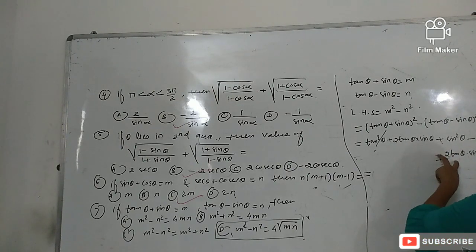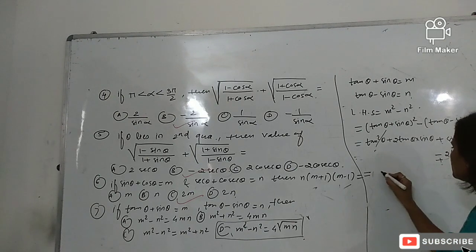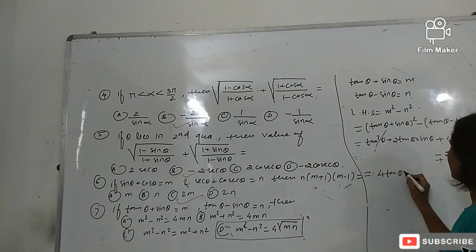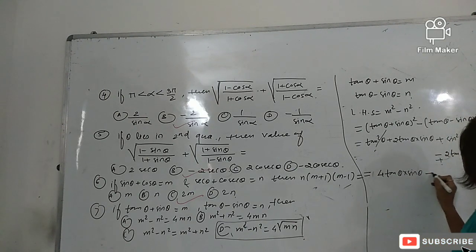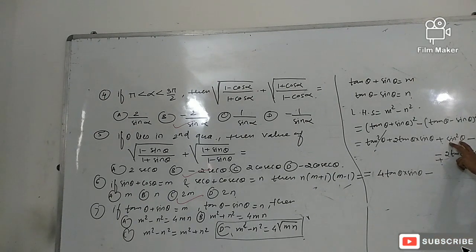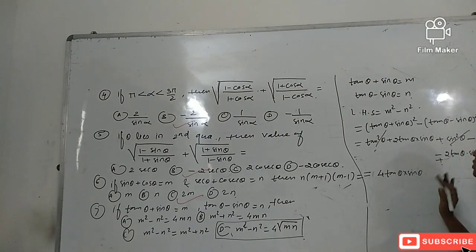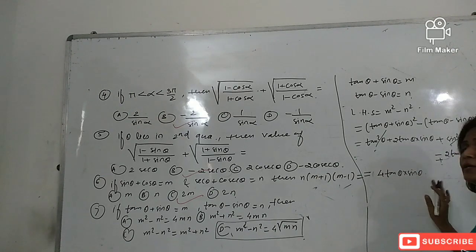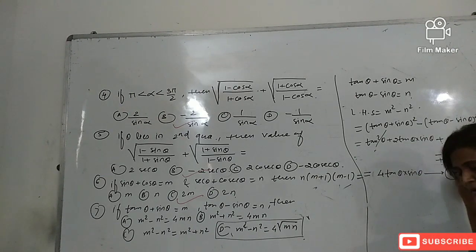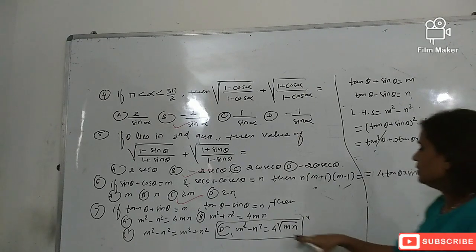So this 2 plus 2 is 4 tan theta into sin theta. And last, this sin square theta, after multiplying with the minus, becomes minus, so this sin square and minus sin square get cancelled. Means remaining is only 4 tan theta into sin theta. Give it equation number 1.